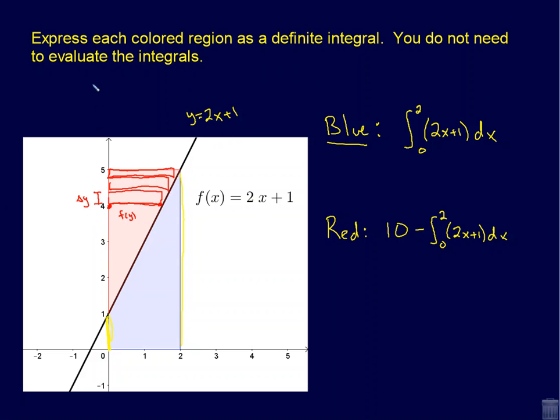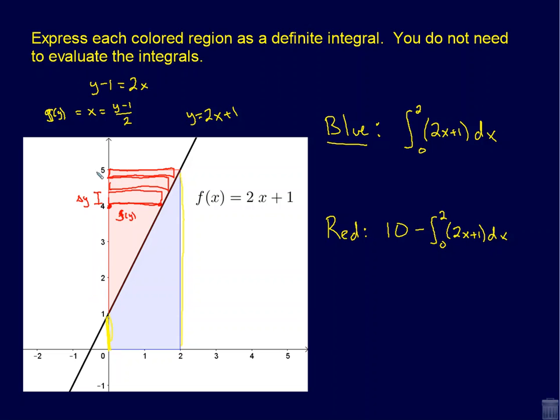If I took y minus 1, it would be equal to 2x, and that would make x equal to (y minus 1) over 2. I could call that f of y, but I'm going to change it to g of y just so I don't use the same name again. So g of y, the function of y, is really (y minus 1) over 2.